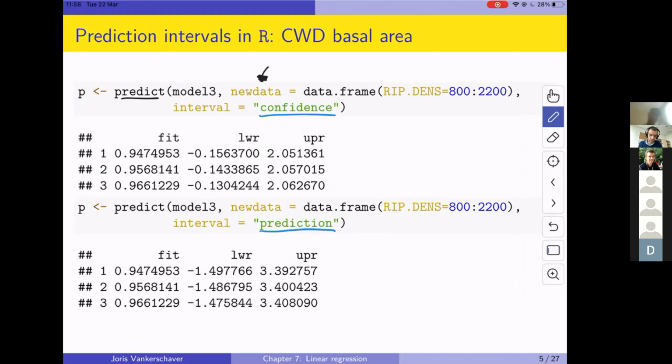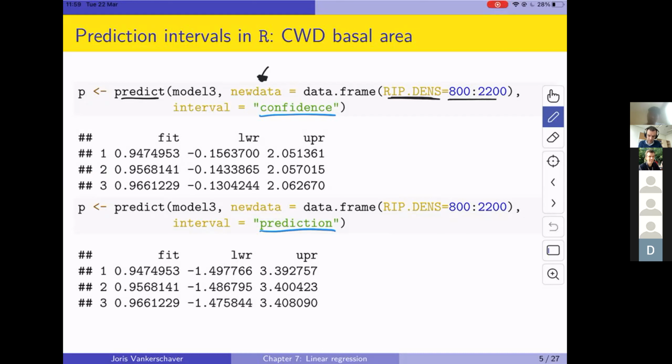Here we use the example of the basal area as a function of the riparian tree density. And here we ask for a prediction interval that tells us something about riparian tree density going from 800 all the way up to 2200.